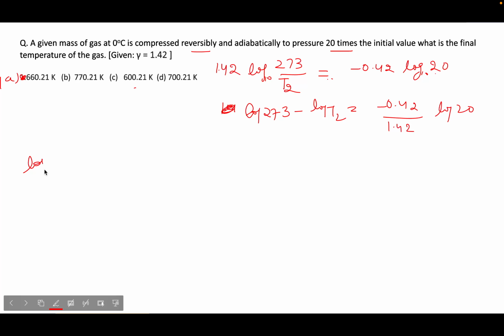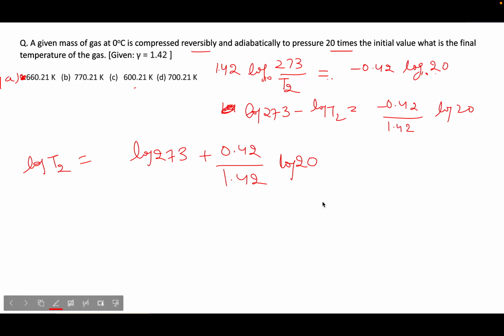Log T2 is equal to, if we take the minus sign here, then that will be plus, that is log 273 plus 0.42 divided by 1.42 log 20. So solve this quantity.